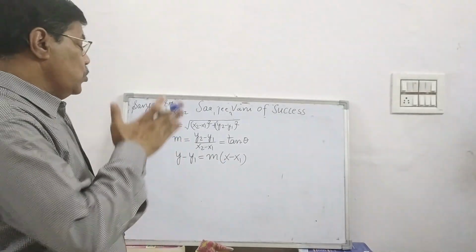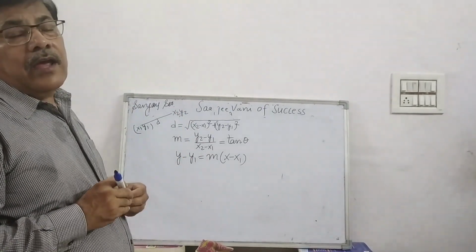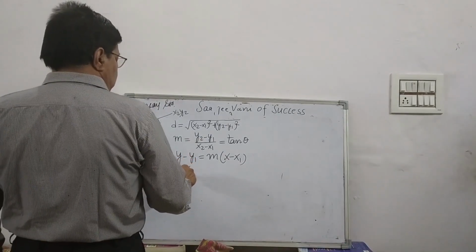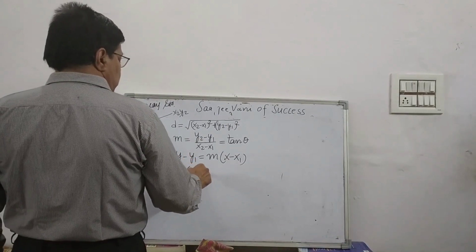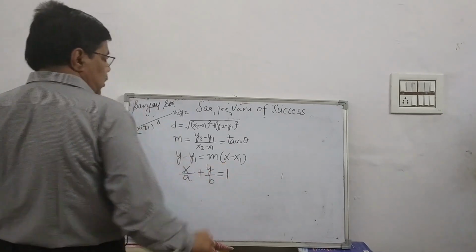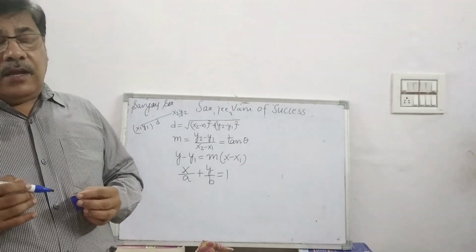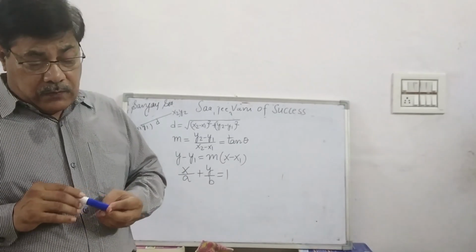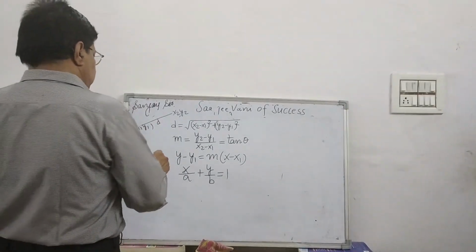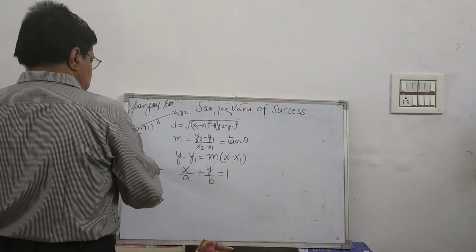Okay, suppose the line is cutting intercepts a and b on the x-axis and y-axis, then the equation will be this formula. This is another form of equation of line: x upon a plus y upon b equal to 1, where a and b are intercepts. So this is a, this is b.